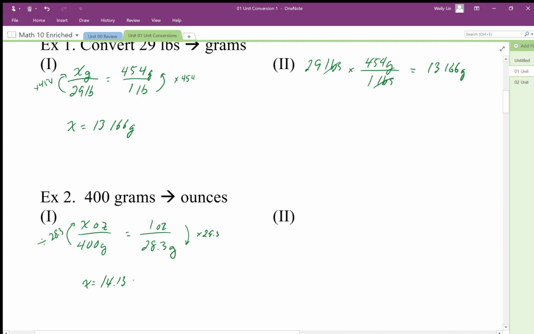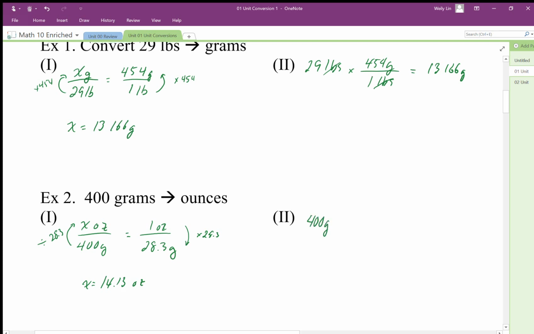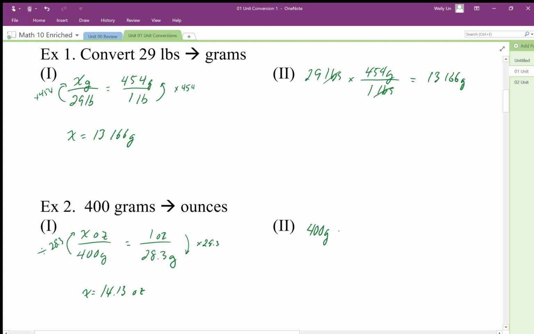And we could do the same thing here by starting with our 400 grams. Okay, we're going to use our conversion rate, ounces and grams. Make sure that the grams are in the denominator. Okay, so we end up with 28.3 grams for 1 ounce. The grams cancel out.